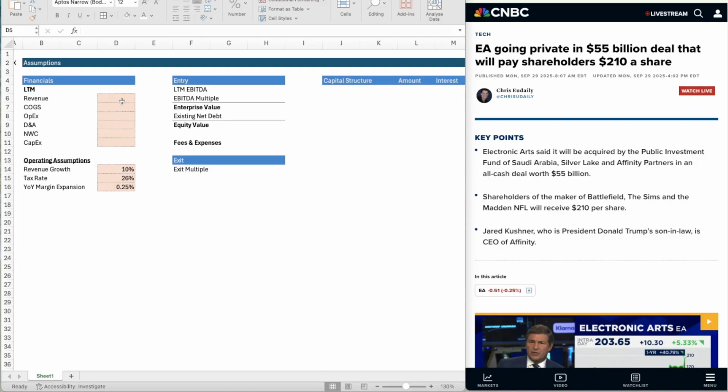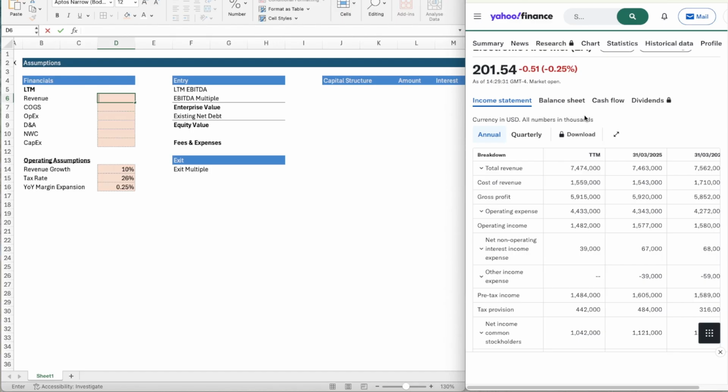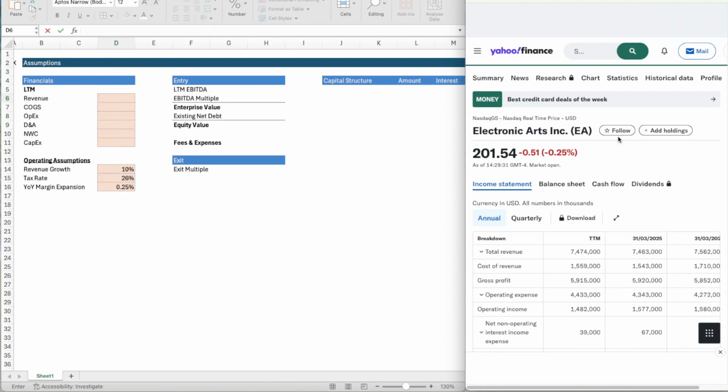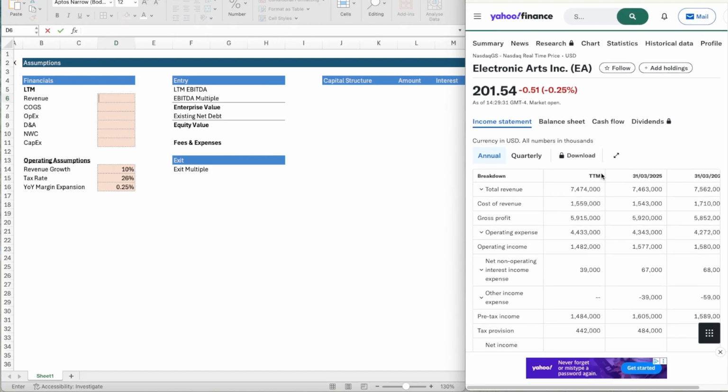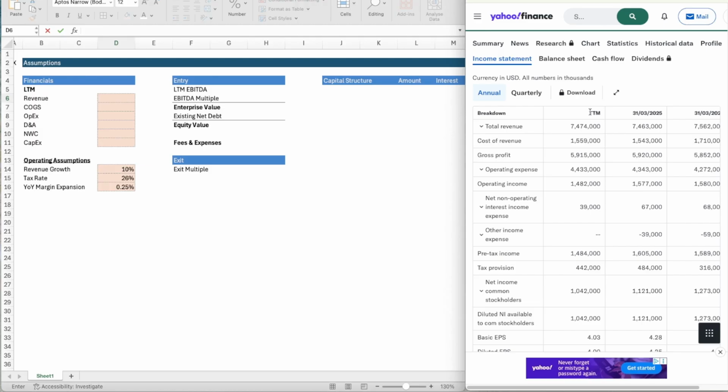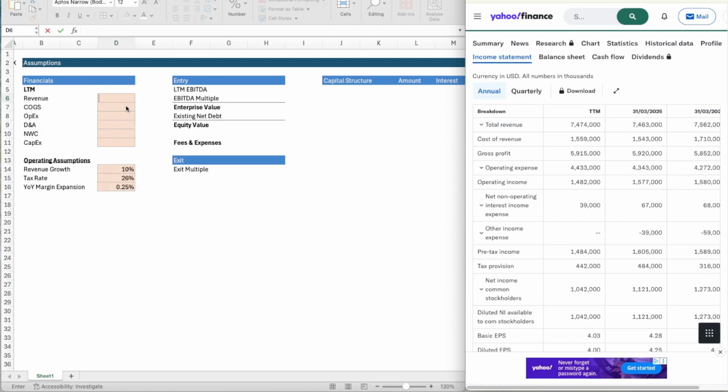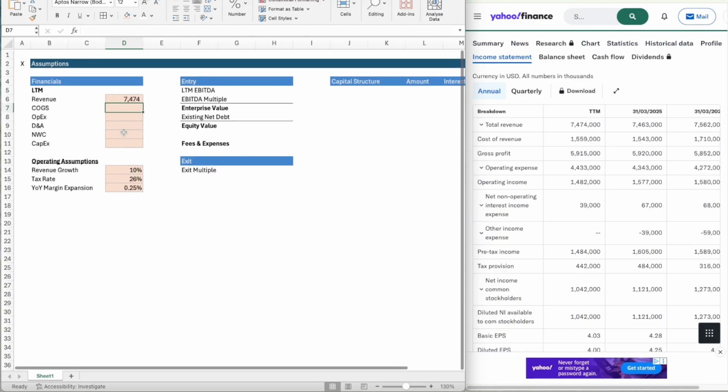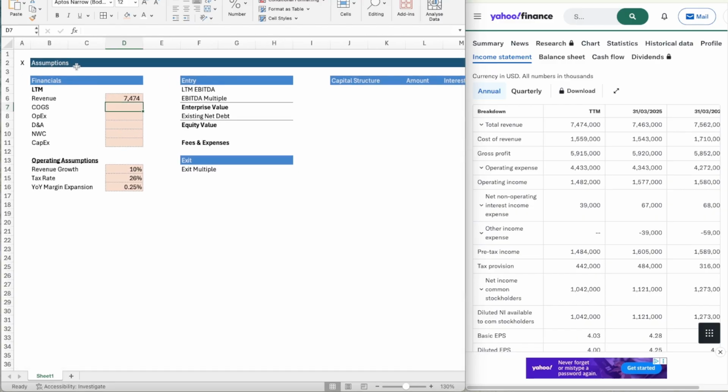Okay, so for the financials, we are going to use Yahoo Finance. We go to Electronic Arts, and we can get the breakdown for the trailing 12 months. For revenue, this is saying 7,474 million.